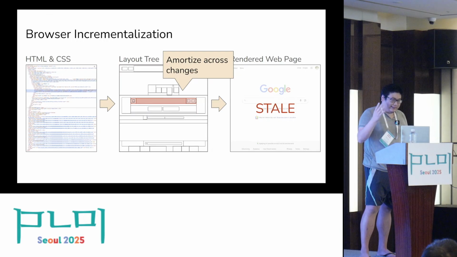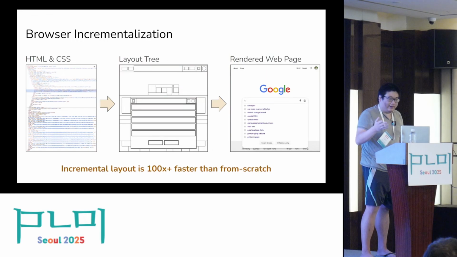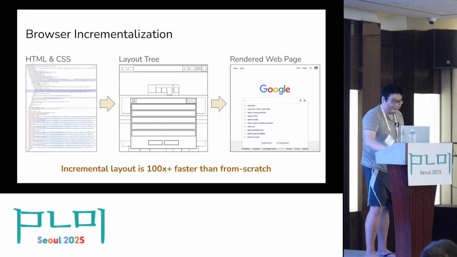Only later on, when the layout is requested, does the browser go find all dirty nodes and fix them in one go. So with incrementalization and amortization, incremental layout is 100x faster than from-scratch layout. This is a pretty critical optimization.